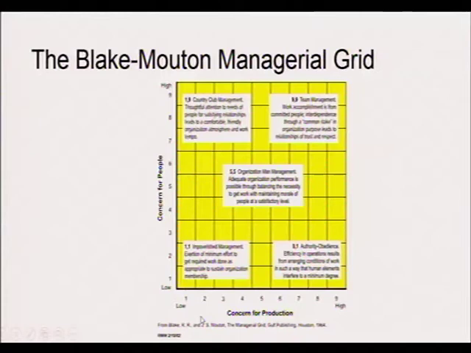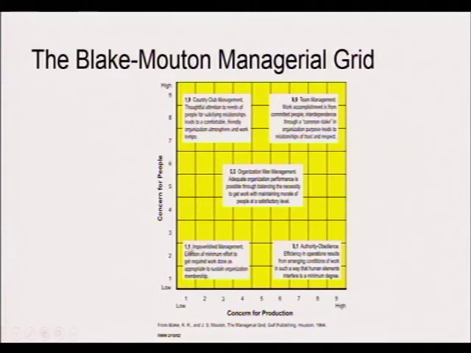The bottom axis shows the concern for production, and the y-axis shows the concern for people, from the low level to the highest level. The same also applies to the concern for production, from the low level to the higher level.